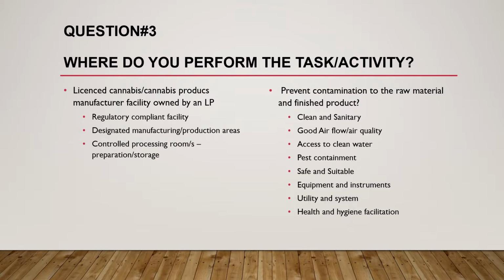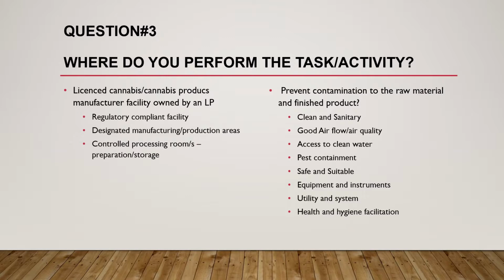You must have a regulatory compliant facility, must have designated manufacturing or production areas. You must have controlled processing rooms, preparation and storage rooms. And the goal is to prevent contamination to the raw material and finished product.